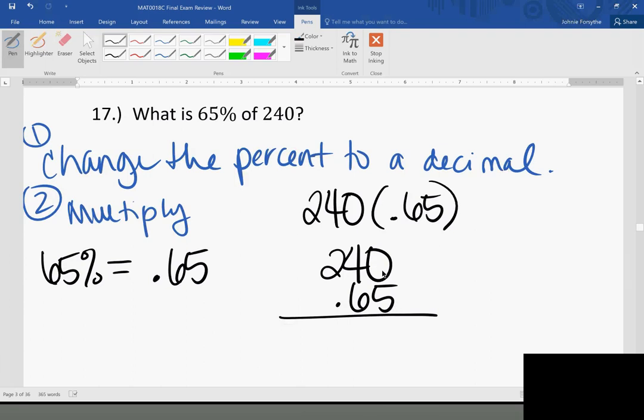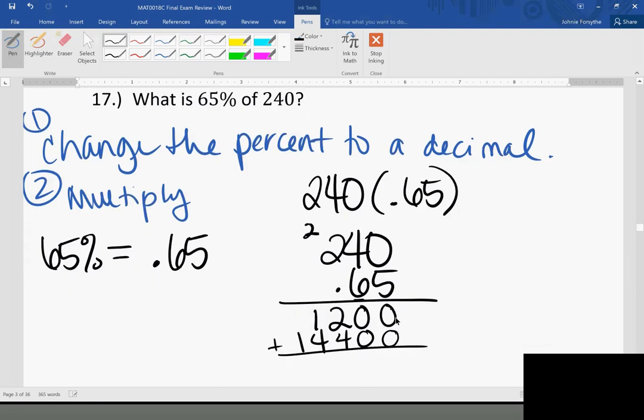First I have 5 times 0, which is 0. 5 times 4 is 20, carry the 2. 5 times 2 is 10, plus 2 is 12. Then my 0 placeholder, and start with the 6. 6 times 0 is 0. 6 times 4 is 24, carry the 2. 6 times 2 is 12, plus 2 is 14.